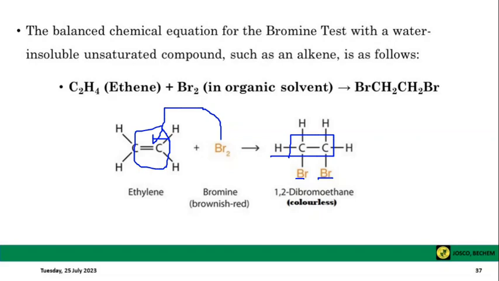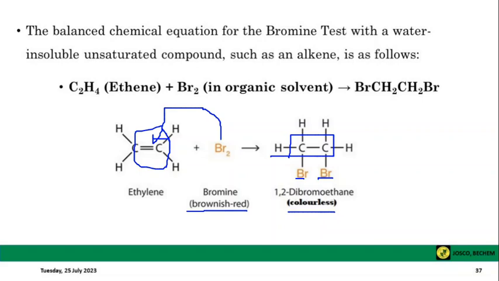Now let's look at the color change that we discussed, from brownish red to colorless. This is just an example of one kind of unsaturated compound. You can on your own look out for different unsaturated organic compounds, either alkene or alkyne.